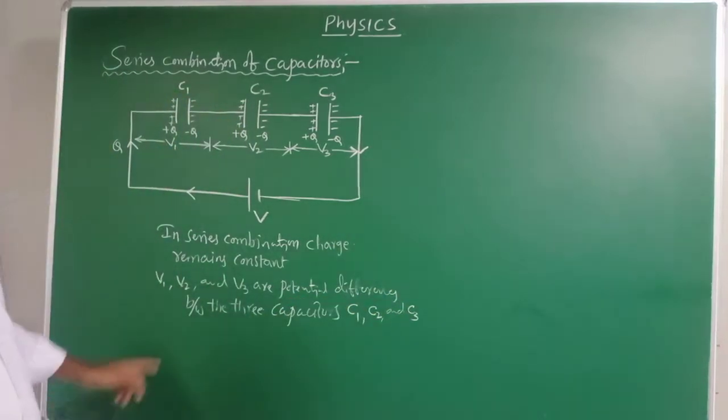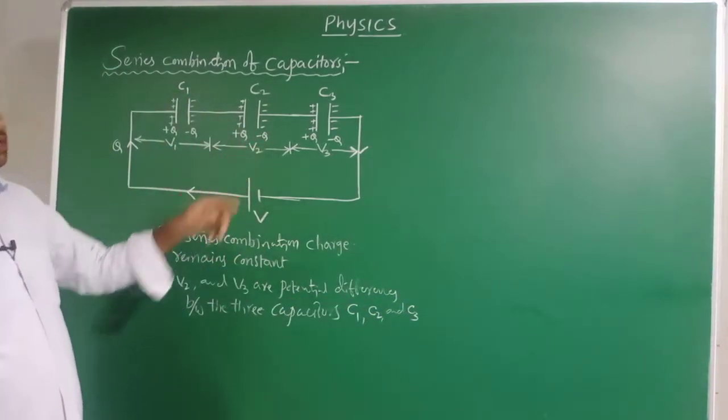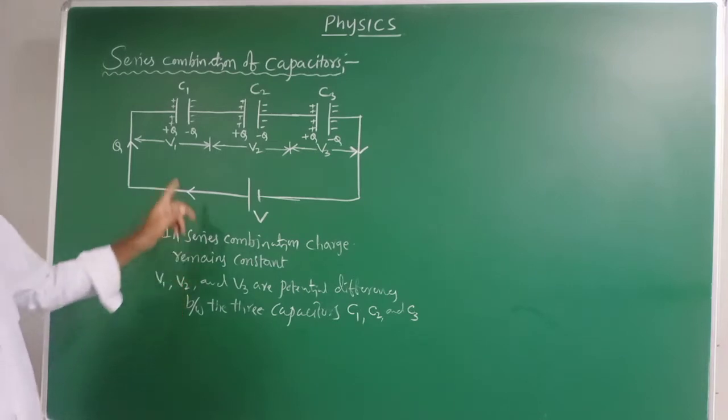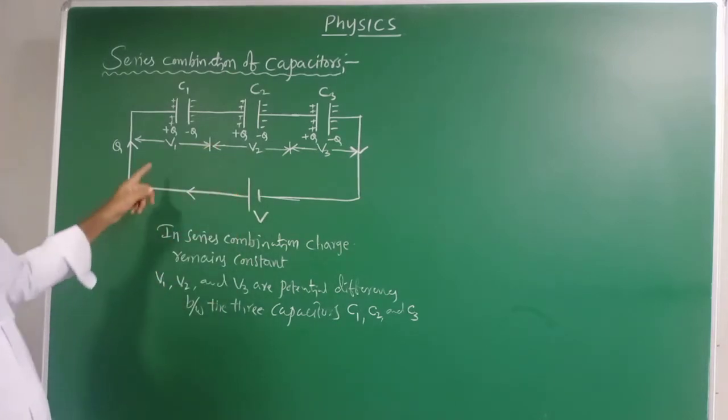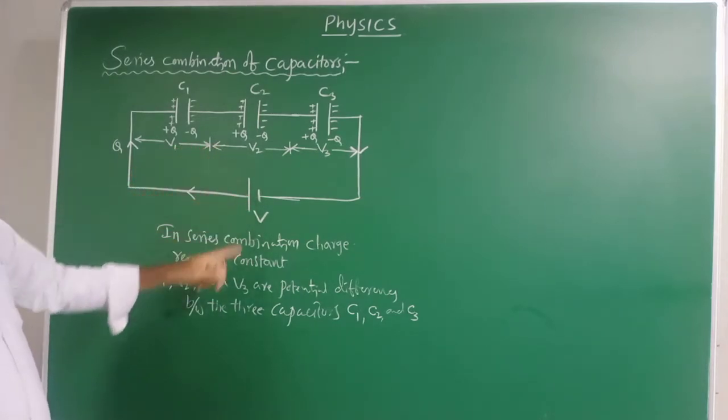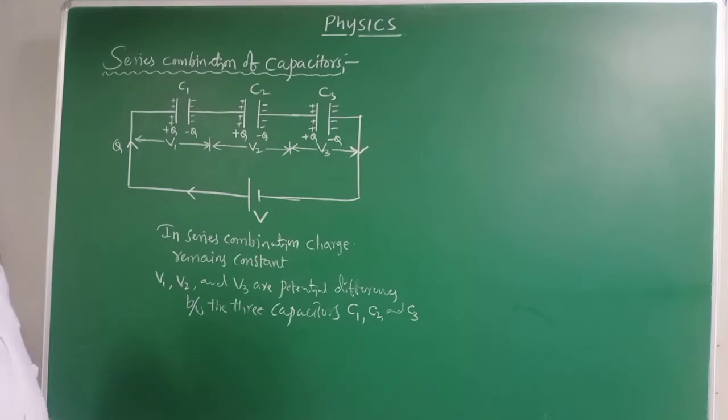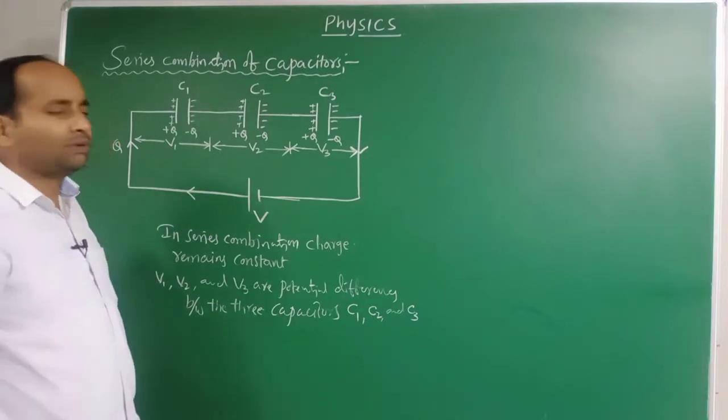In series combination the charge remains constant but the potentials are different. The potentials across the three capacitors are V1, V2 and V3. Now, what is the potential drawn from the battery?